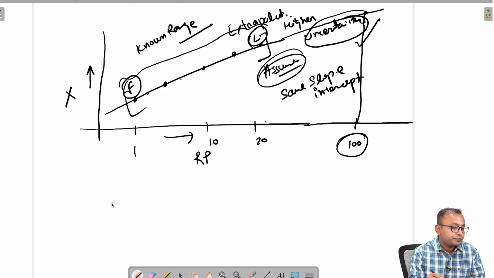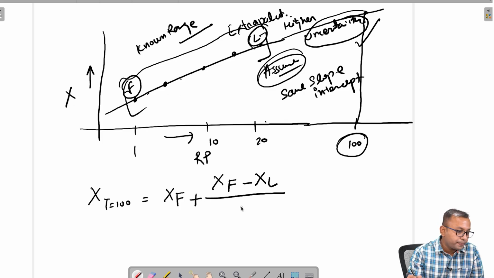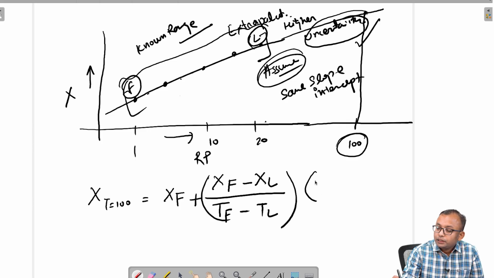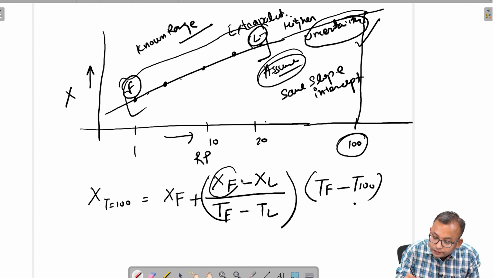So you can write x at t equal to 100 as x1 plus the slope of the line, where I am writing xf and xl, the last one, and also the first tf and tl, and then you multiply with tf minus t100, like that.